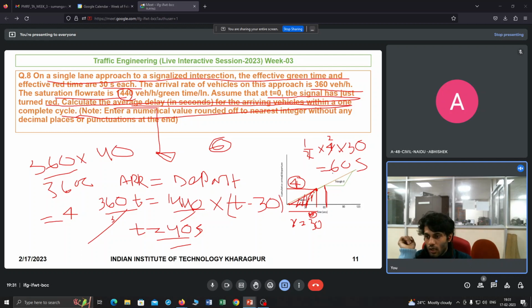So your total delay divided by your total arrived vehicles is 60 by 6, which is 10 seconds. So it is the average delay per cycle, one complete cycle, right?